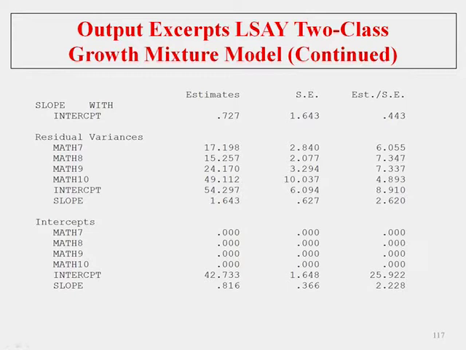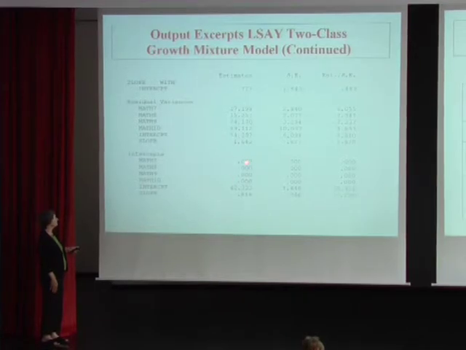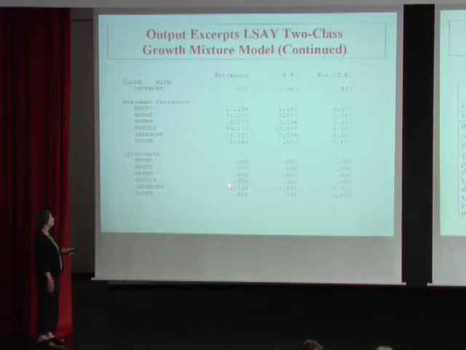And the intercepts. Let me mention, this is a growth model for a continuous outcome. So the parameterization of that growth model is to fix the intercepts of the outcomes at 0 and let the intercepts of the intercept and slope growth factors be free.